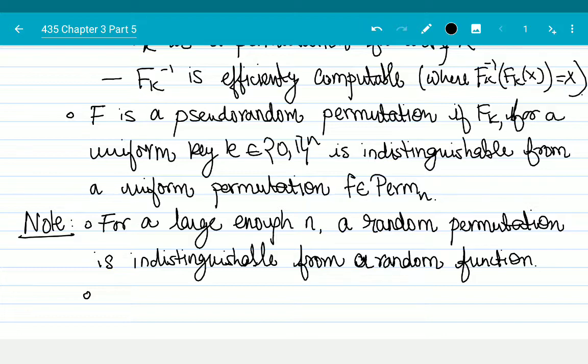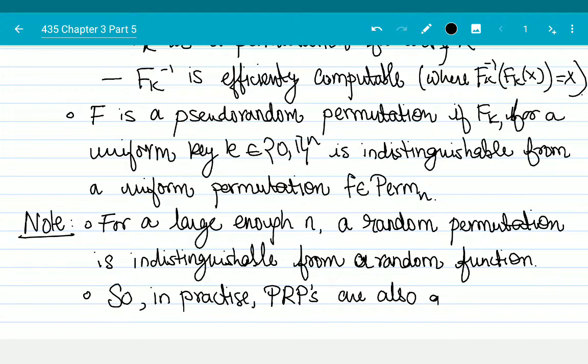So in practice, PRPs, which is pseudo-random permutations, are also good pseudo-random functions.